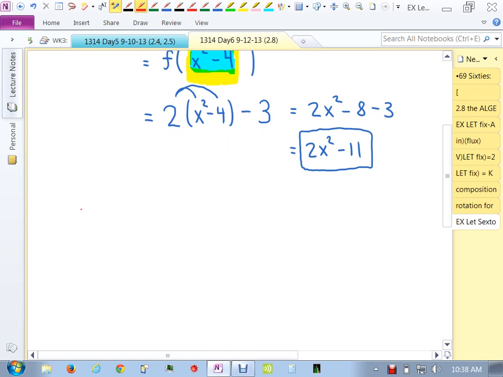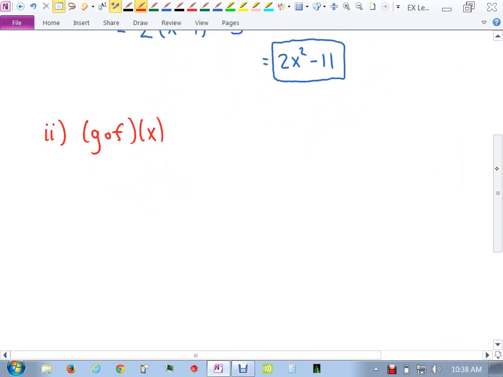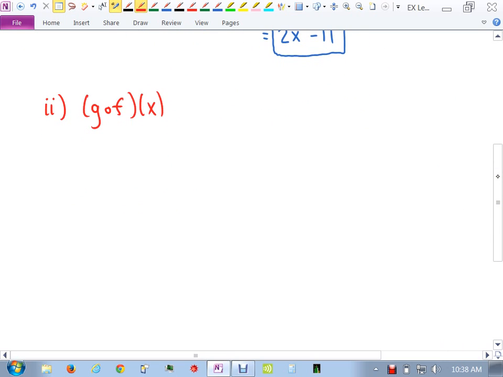All right, the last one for today is now let's do g of f of x. So this means g, and inside of g is f.